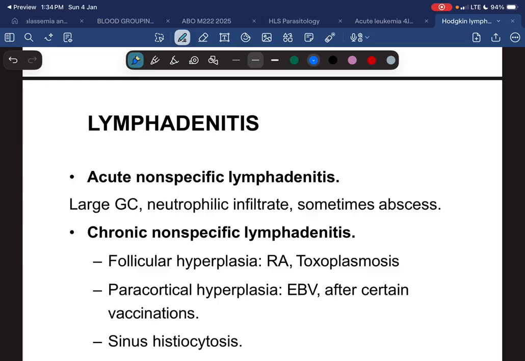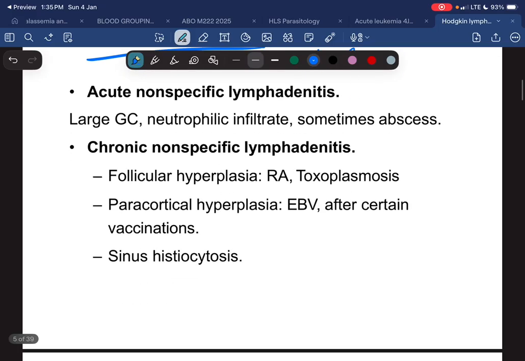We have follicular hyperplasia of lymphoid follicles, seen in rheumatoid arthritis, meaning immune mediated, or toxoplasmosis infection. Paracortical hyperplasia, of the paracortical spaces, is seen mainly with viral infections like EBV or after vaccination. The third one that can lead to enlargement of lymph nodes is sinus histiocytosis, by morphology, okay?